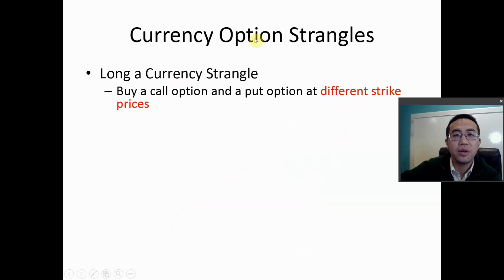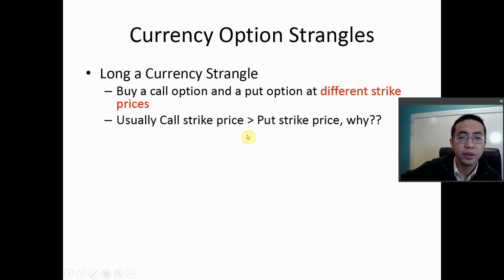And here we have another options combination strategy. It's called a strangle. You long a strangle, again, it's the same as a straddle in that you buy a call option and put option together, but the difference here is the 2 options have different strike prices.